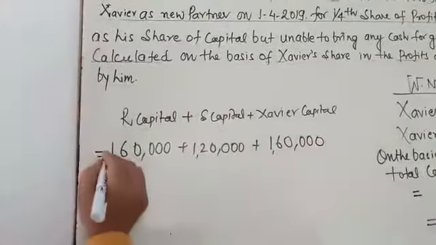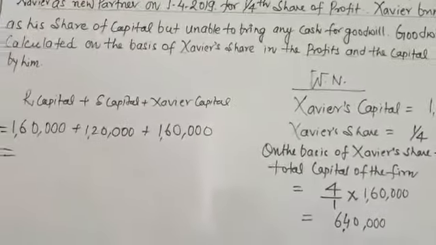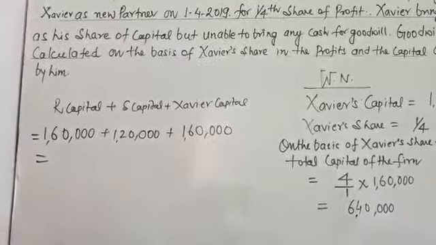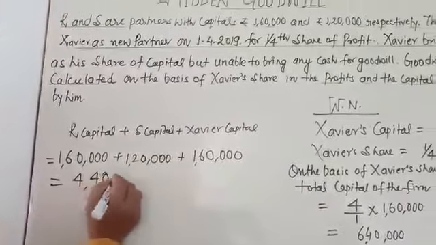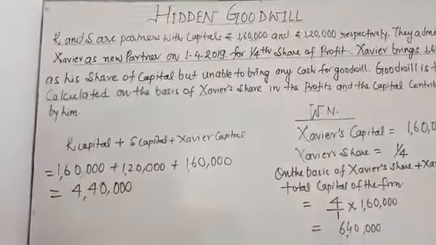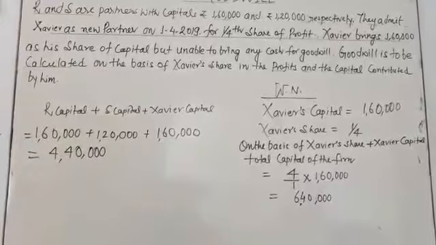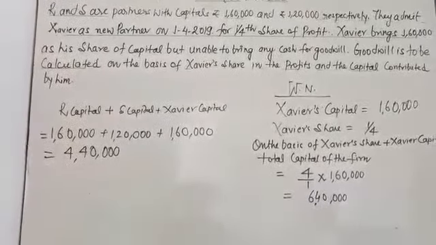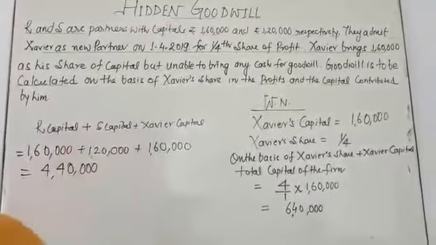The sum is 4,40,000. So 4,40,000 is the total capital of R, S and Javier, called the combined capital of R, S and Javier.